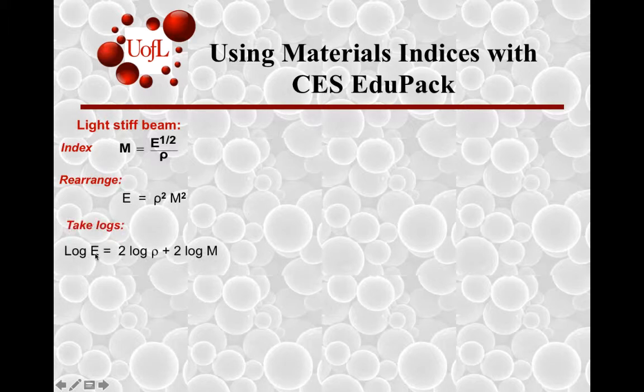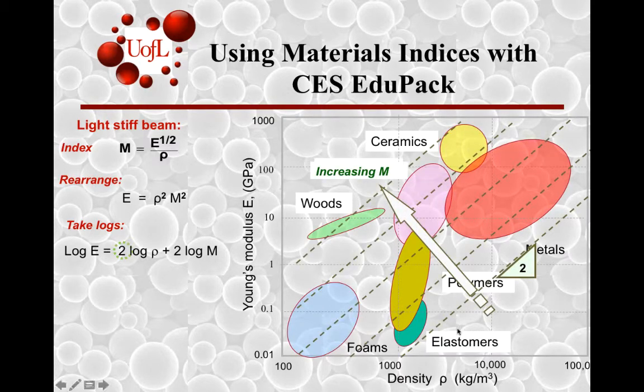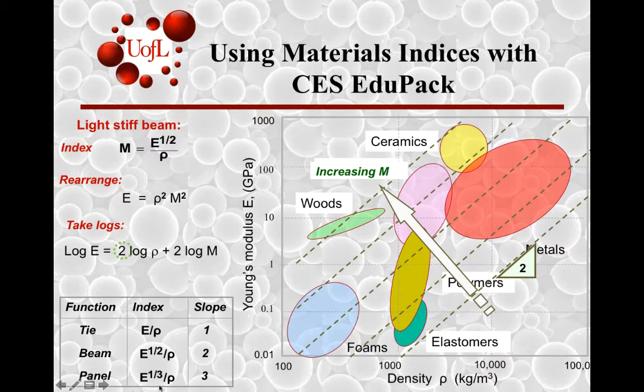And if you take logs on both sides, you will have log E equals 2 times log rho plus 2 times log M. So in an E versus rho plot, this slope of 2 will allow you to identify all light stiff beams, and then depending upon the value of M, you will be able to move it up and down, right? Depending upon increasing this value M, decide which group of materials you would select and which ones you will eliminate based on these considerations of the function.